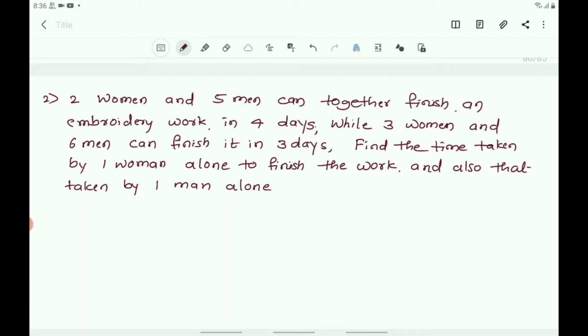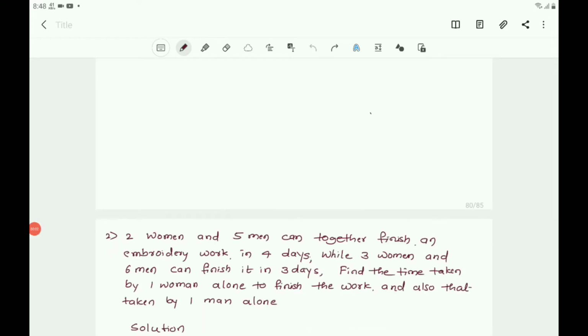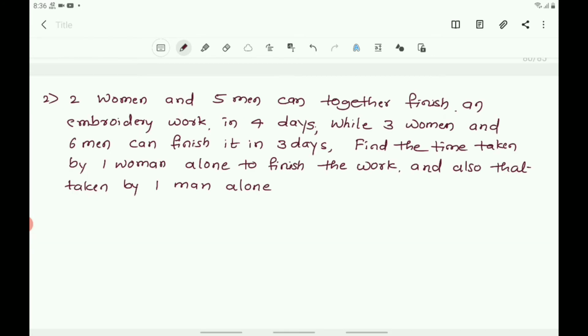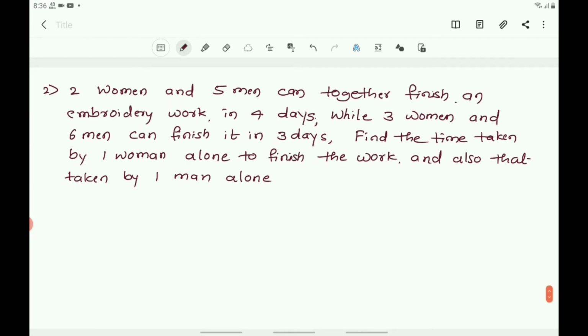Here let us take the work done. So let us take time taken by a woman to complete the embroidery work is x days and the time taken by one man to complete the embroidery work is y days.